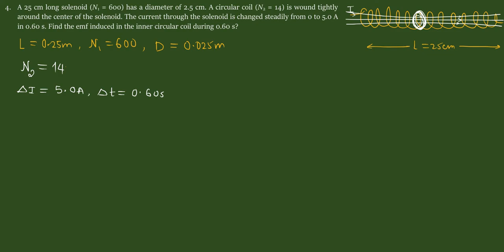The magnetic field produced by the solenoid is given by mu naught N1 I over L, where N1 is the number of turns, I is the current through the solenoid, and L is the length of the solenoid. This magnetic field is also shared by this circular coil.